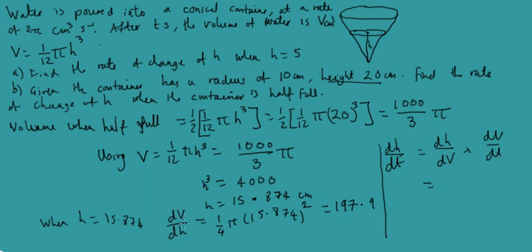We have dV by dh here, so for this bit here we'll invert it, times 2 pi, which we were given previously. And then calculate that all out, we get the change in height with respect to time as being 0.0317 centimeters per second. So I hope that makes sense.